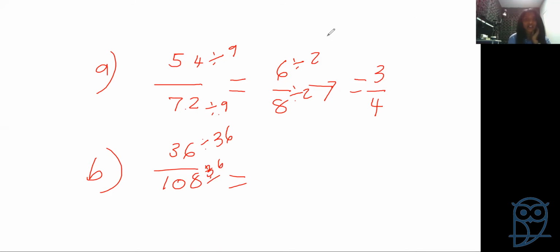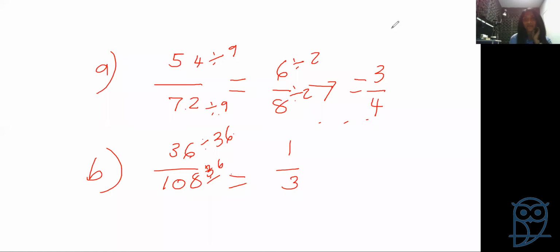Good, guys. So if I divide by 36 and 36, my answer should be 1 over 3. Does everybody have 1 over 3? Cool. So guys, that's how we work out the simplest form. We see what is the highest common factor that can go into our numerator and denominator, and then we work it out. Sometimes we have to go a step or two more, but we will always come to the simplest form.